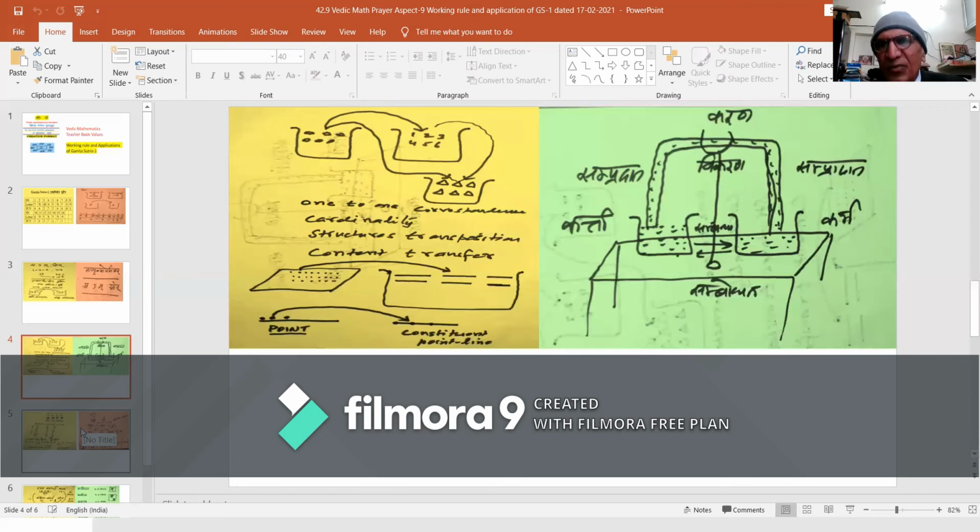We'll see these phases. We'll see how the transfer of the content from the first beaker to the second beaker is a mathematical process, and this mathematical process has its roots in Ganita Sutra 1 itself.